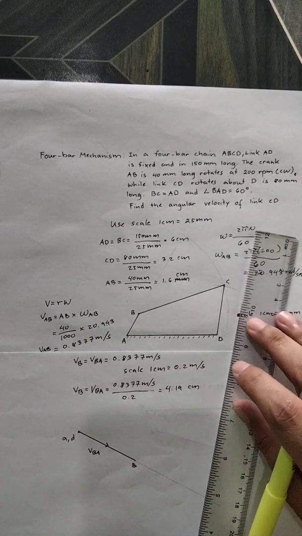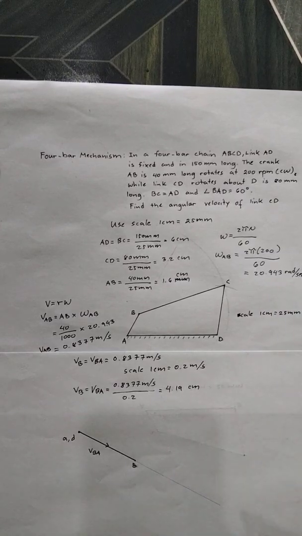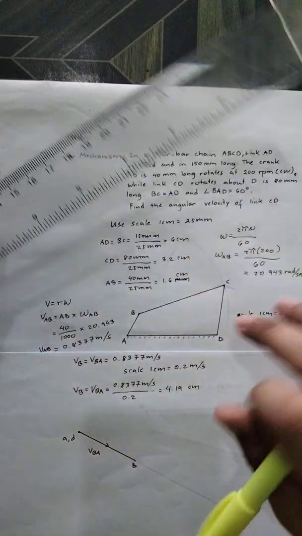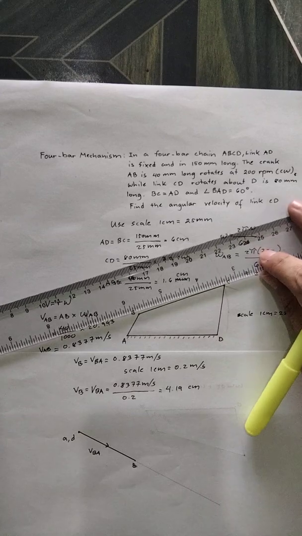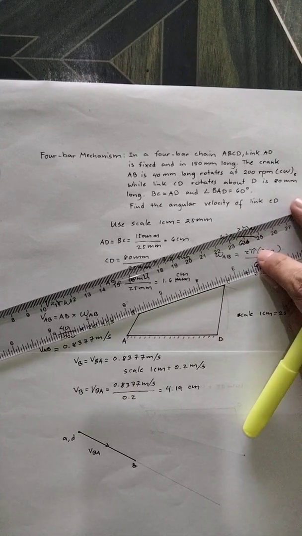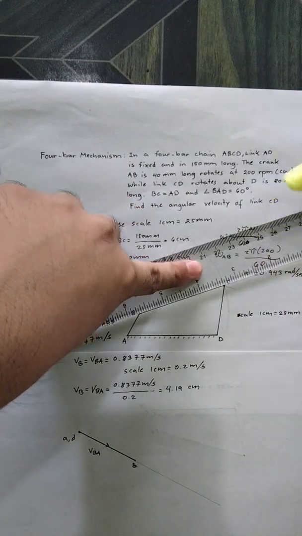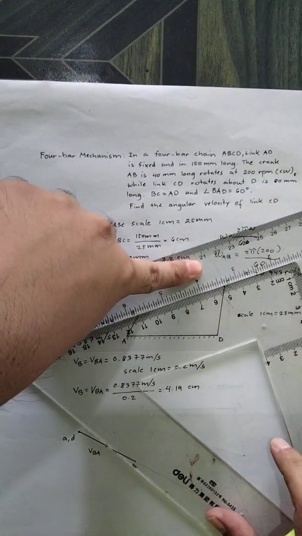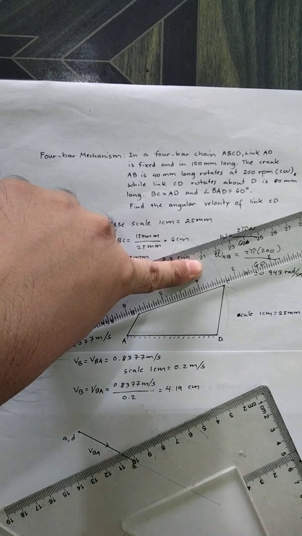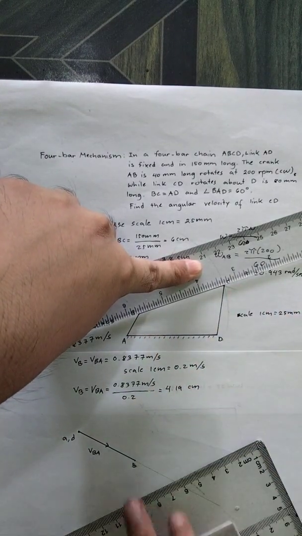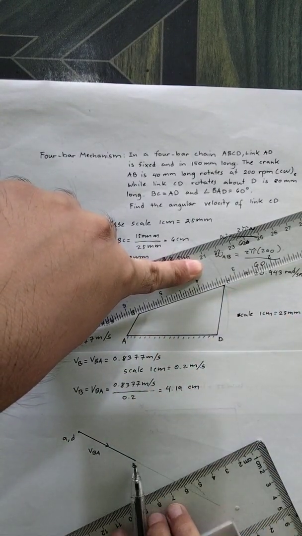Let's start with this link BC. So draw, use your ruler as support, then use your triangle. Okay, so we know that BC is connected to this.